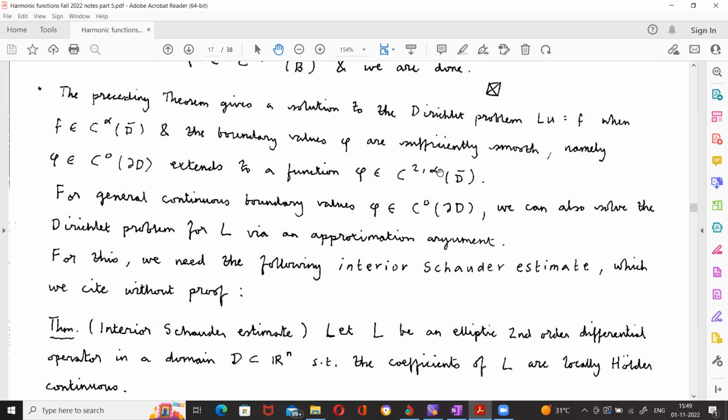Then you take the solutions for the problem with the C2 alpha boundary value phi n, and call that solution un. Then you have to show that the un converge as n tends to infinity to the solution with boundary value phi. That's the idea.